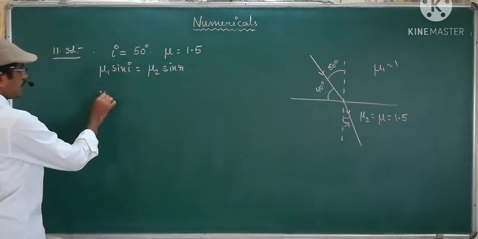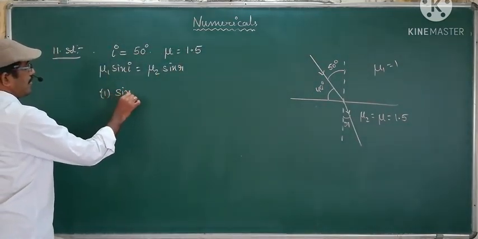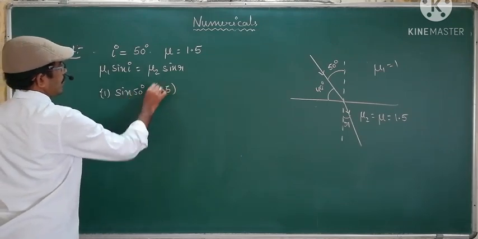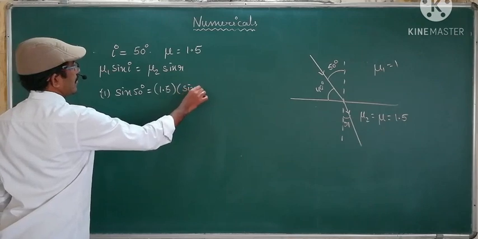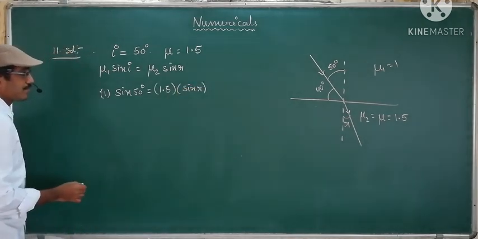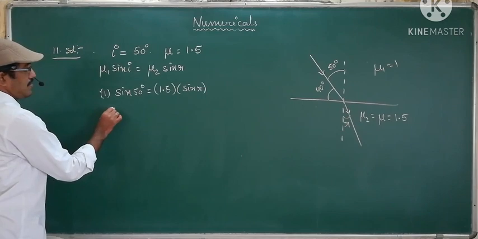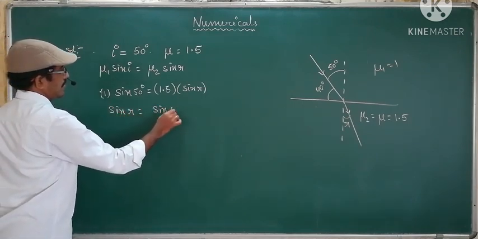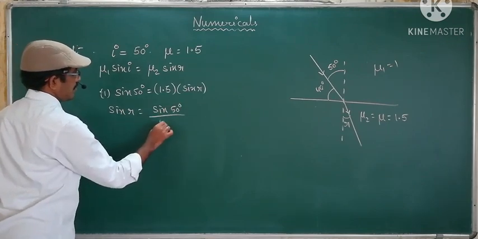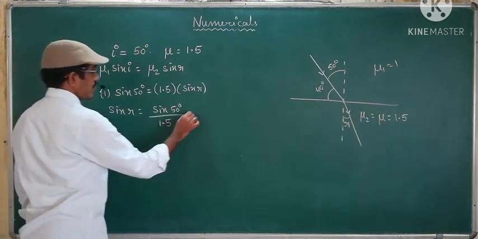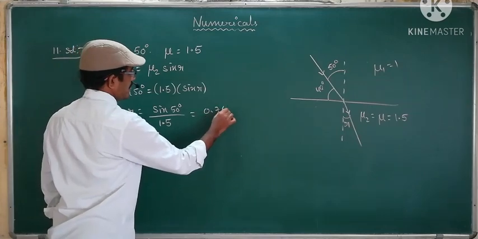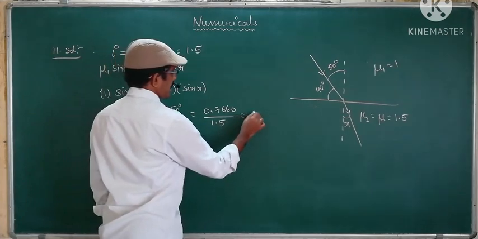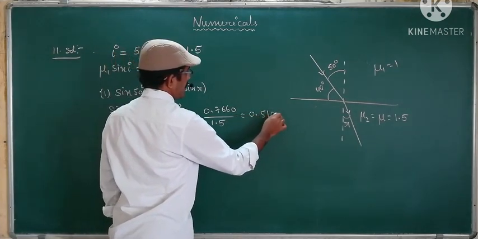So it is 1 into sin 50 degree is equal to 1.5 into sin R. So sin R is equal to sin 50 degree divided by 1.5. Sin 50 degree is 0.7660 divided by 1.5. This is equal to 0.5107.